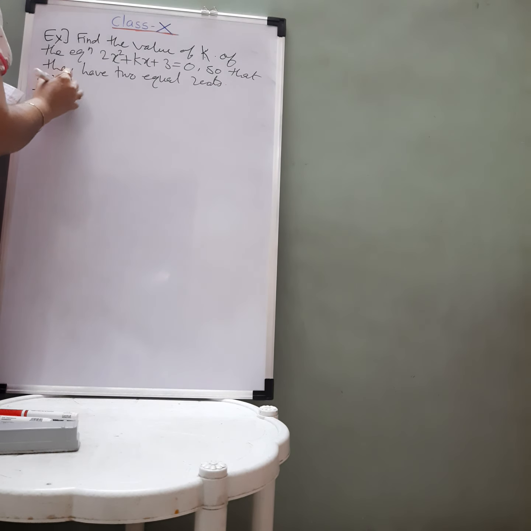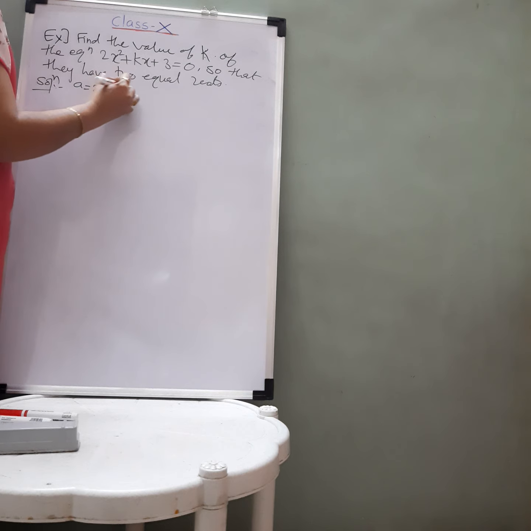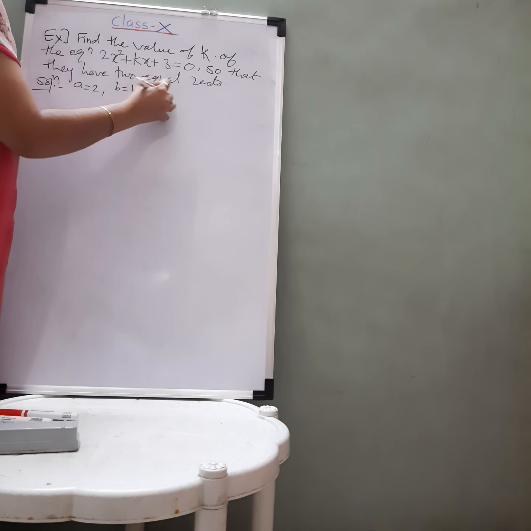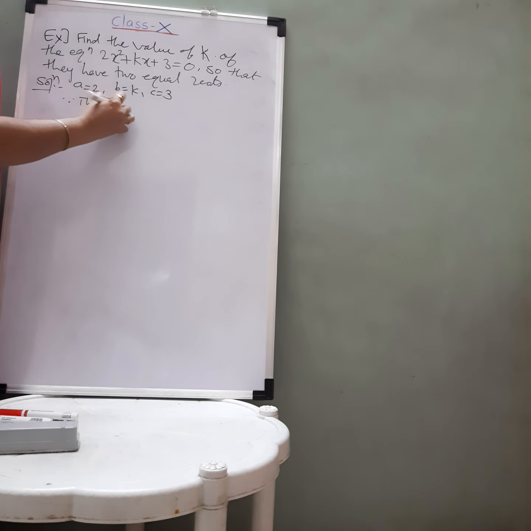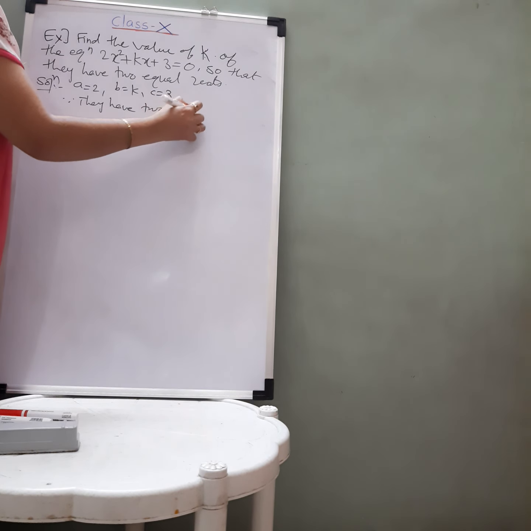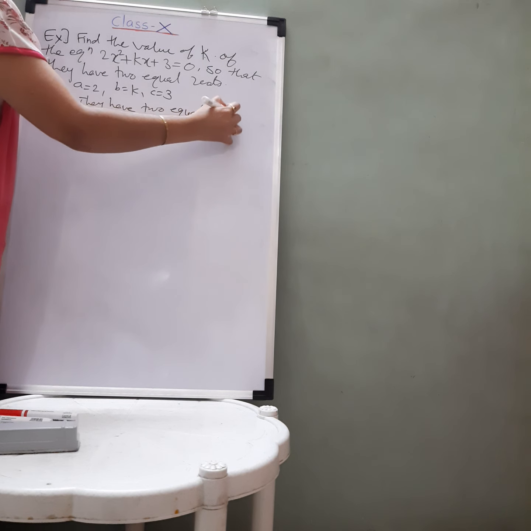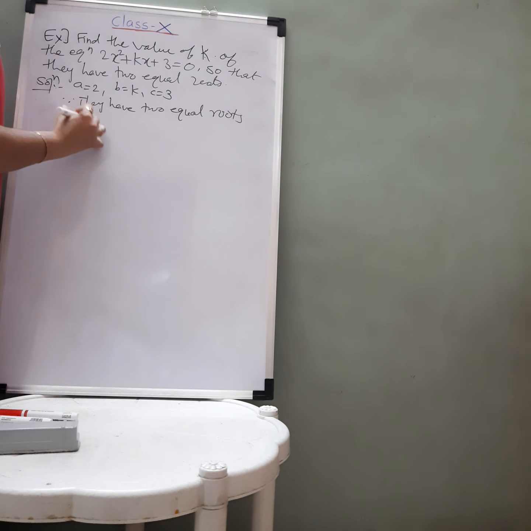Your first step is to compare with the standard form. You will get a is equal to 2, b is equal to k and c is equal to 3. Since they have two equal roots, D is equal to 0.